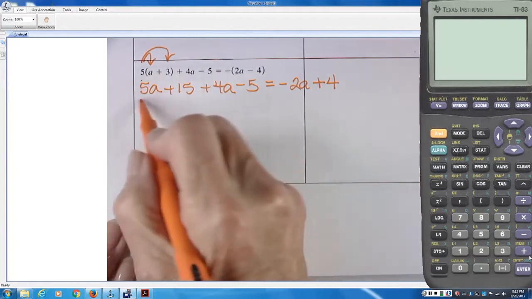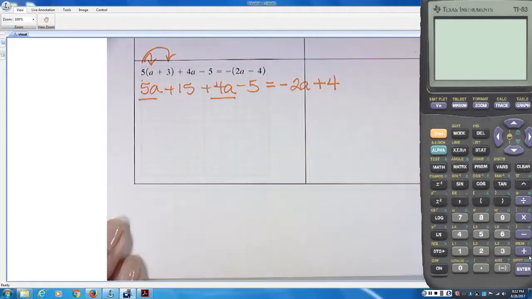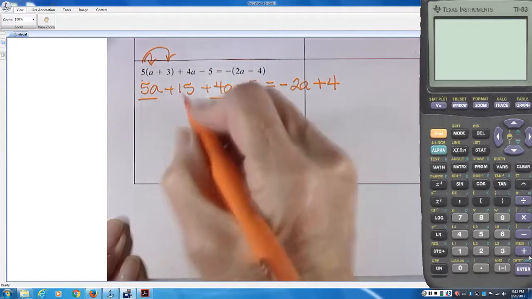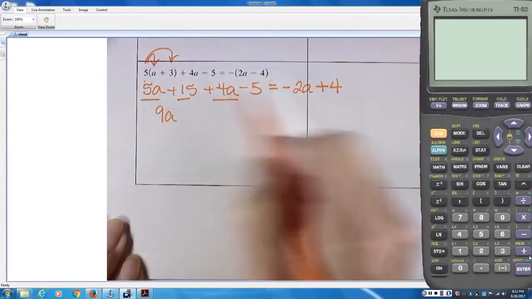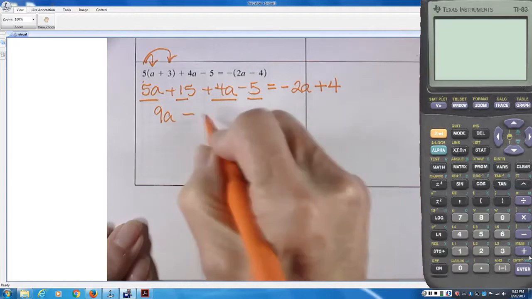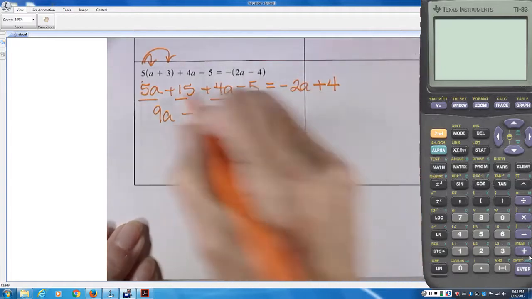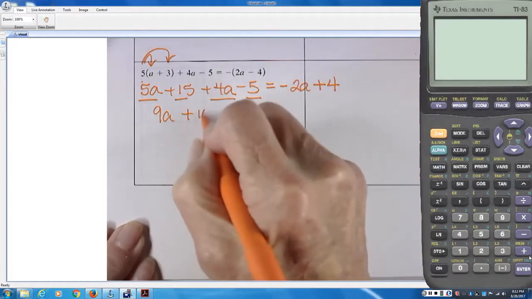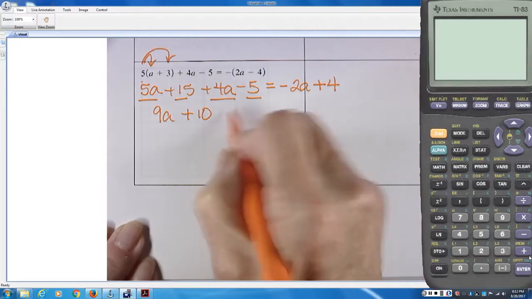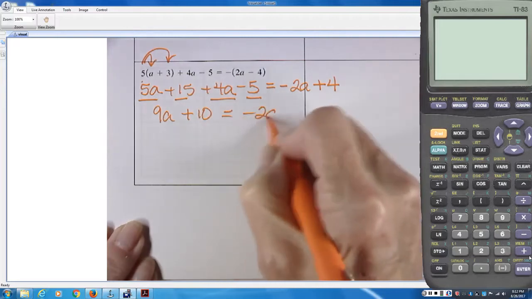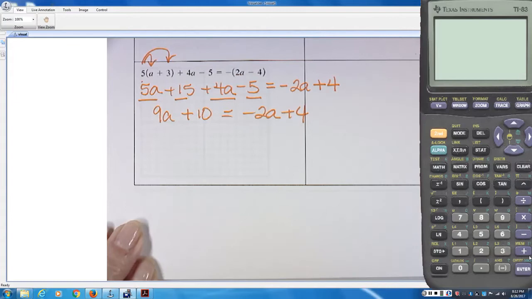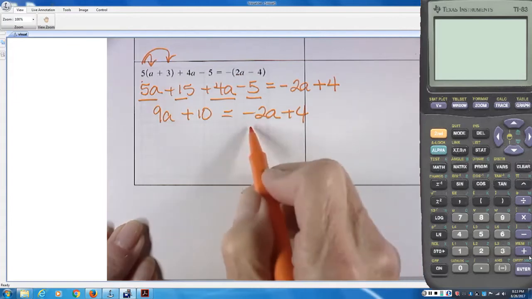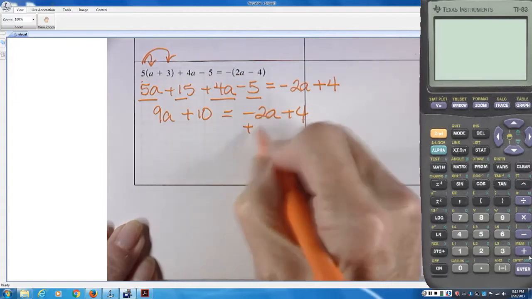Then I want to get my a's all together. 5a and 4a is 9a. I want to get my 15 and my 5 together, so that's minus 5 from 15, that makes plus 10, equals -2a plus 4. Then I want this a over here, so that's going to be plus 2a.